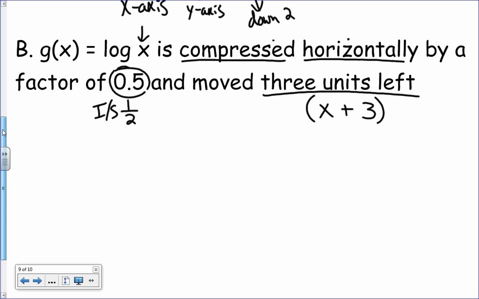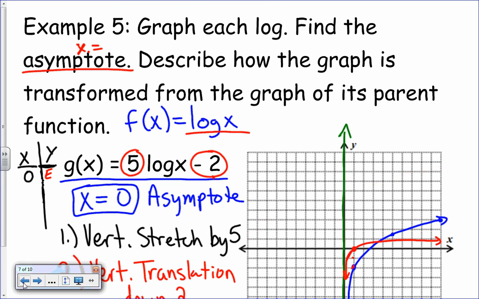So let's give it a new name. It was g of x. Let's call it h of x equals. I don't have anything outside, so I'll start with log. Now, if I'm going to compress horizontally, that means I have to flip my fraction. Go back to the table.